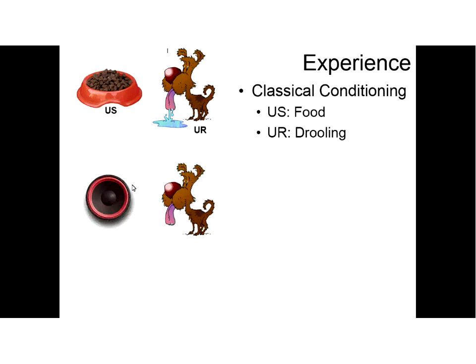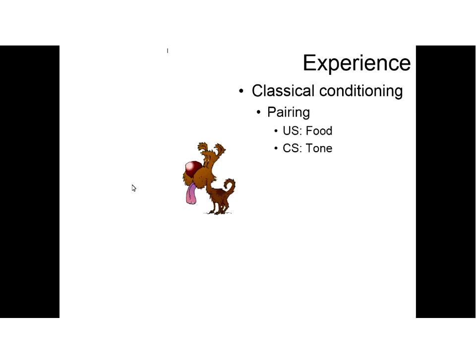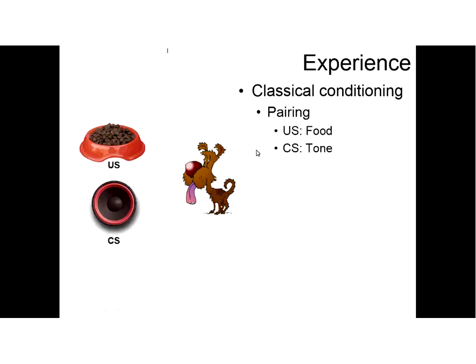Now, what happens if you start pairing a sound with the food? Every time we go to give the food, we run a can opener, or go into a drawer to take out a metal can opener. These are all sounds that are paired with the delivery of food.